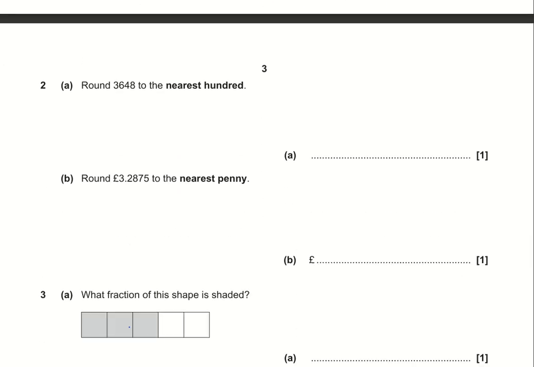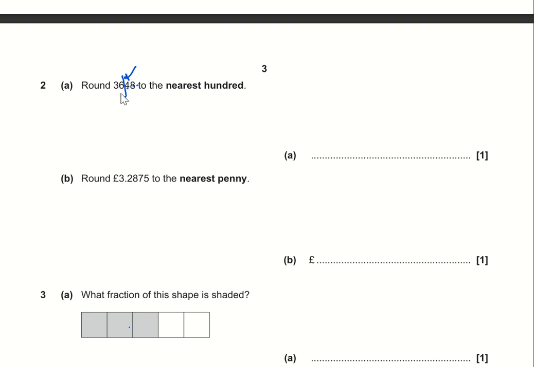Question number 2a. Round 3,648 to the nearest hundred. As you can see, first is units, tens, hundreds. I'm going to divide this number into two parts. This is going to be my decider, 4.